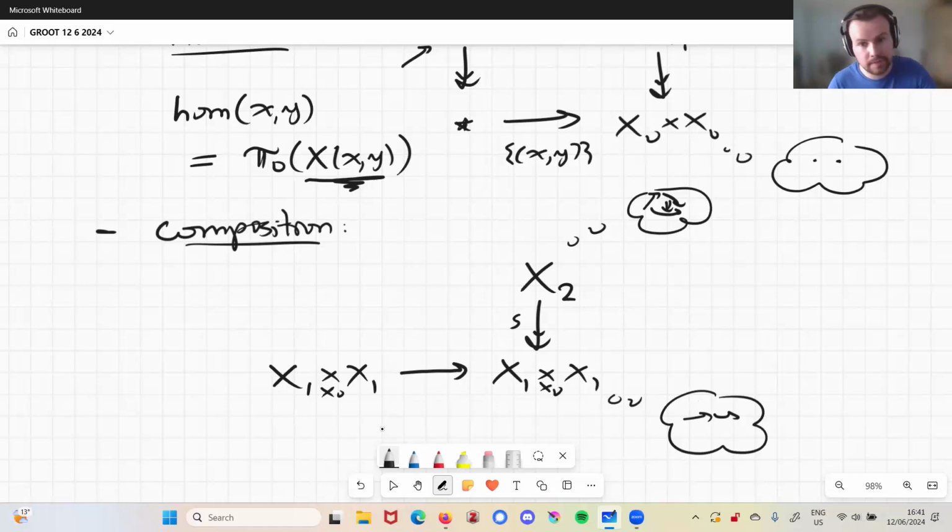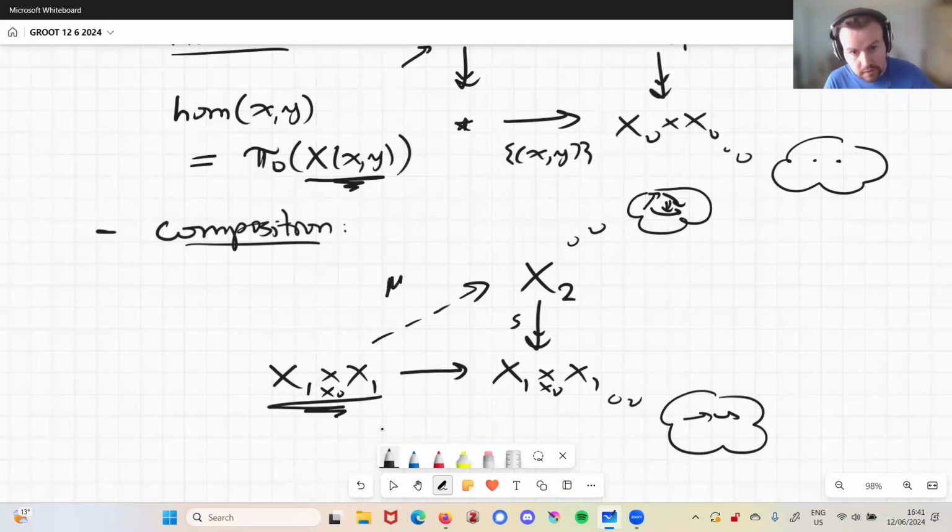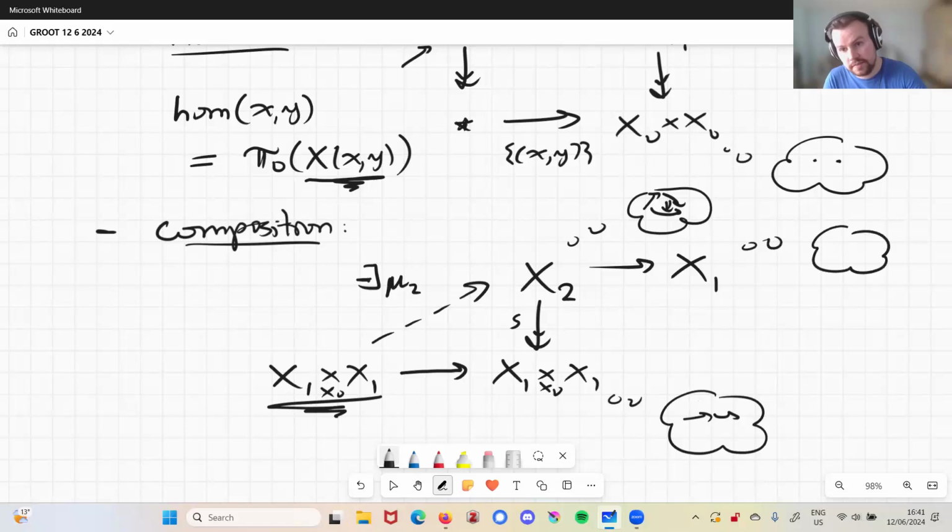We're going to solve a lifting problem. This is actually already a lifting problem. Everything is cofibrant in simplicial sets, and this is a trivial fibration. So we can solve this lifting problem, right? We call this mu2. And then we have a map here from x2 to x1, where this map identifies the particular composite.